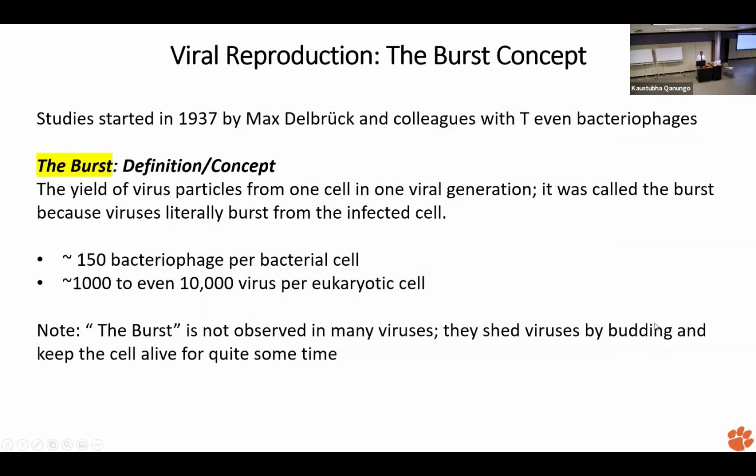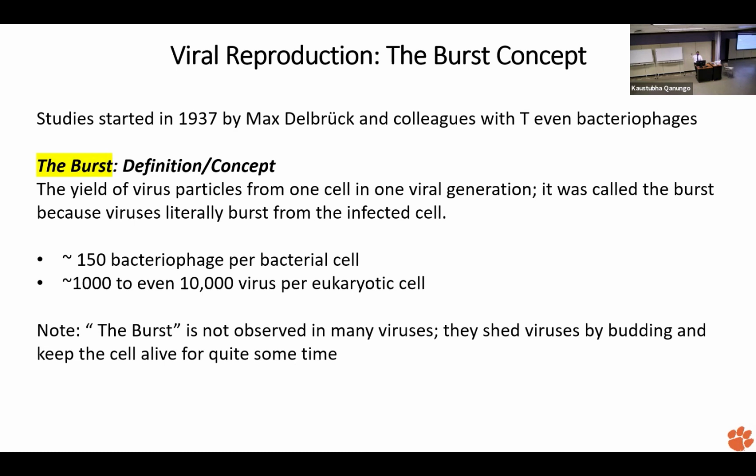All right, so here we are looking at the burst size concept, which was studied by Max Delbruck. He found that from a cell, particularly a bacterium, approximately 150 bacteriophages come out. Even from some larger eukaryotic cells, it may be 1,000 to 10,000 viruses. This is not observed in many viruses because they shed by budding, and these are usually the enveloped viruses, as we said.